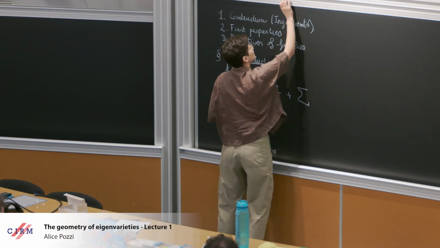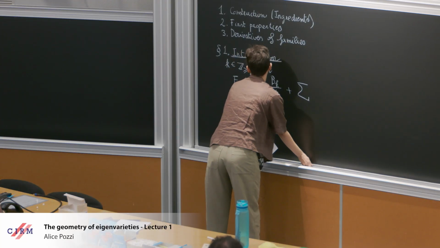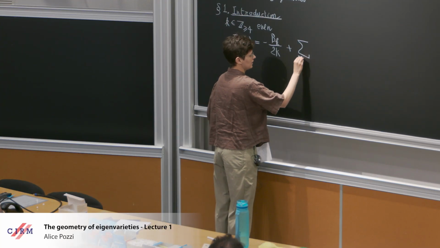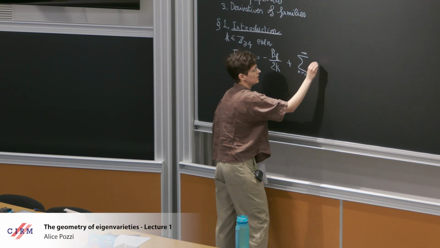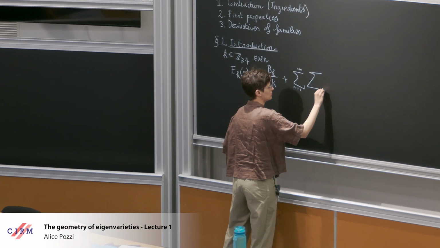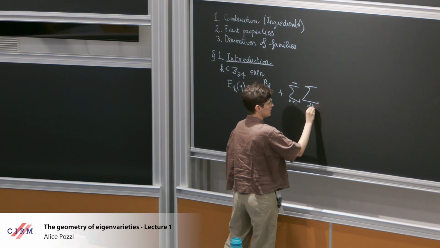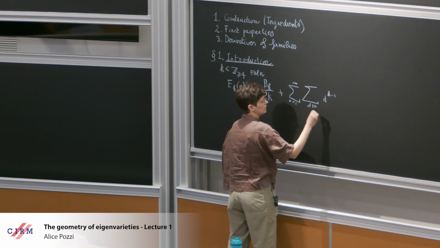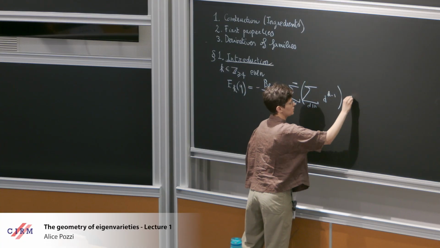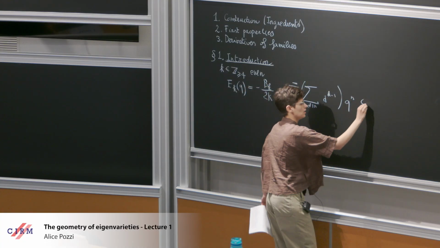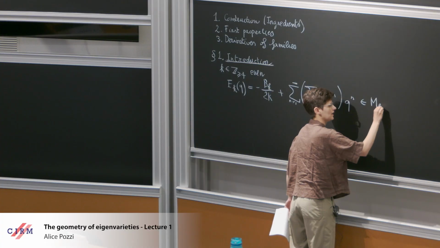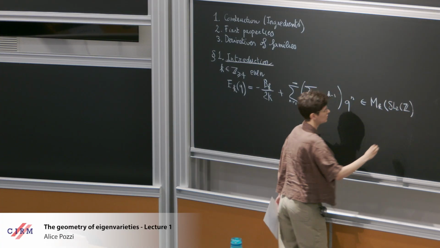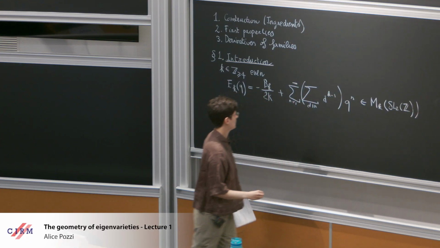And for the higher degree coefficients, we're going to write the sum over d dividing n of d to the k minus 1, times q to the n. So this is a modular form of weight k for SL2(Z) with rational coefficients.